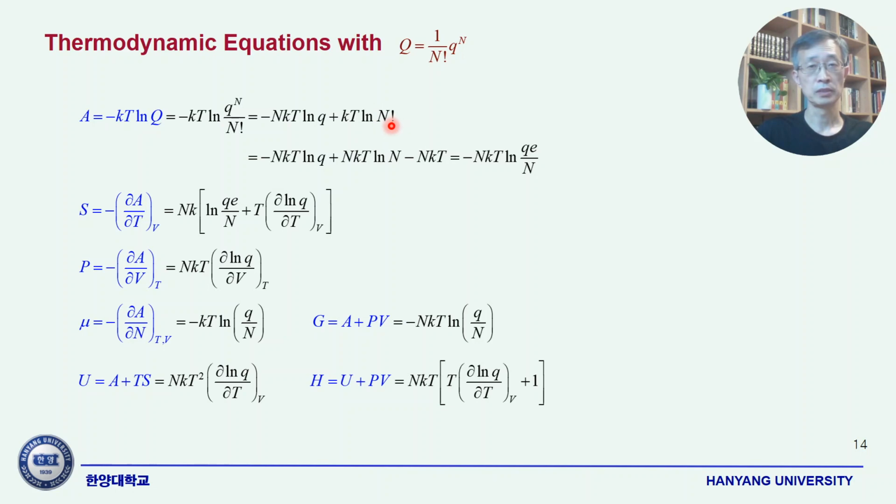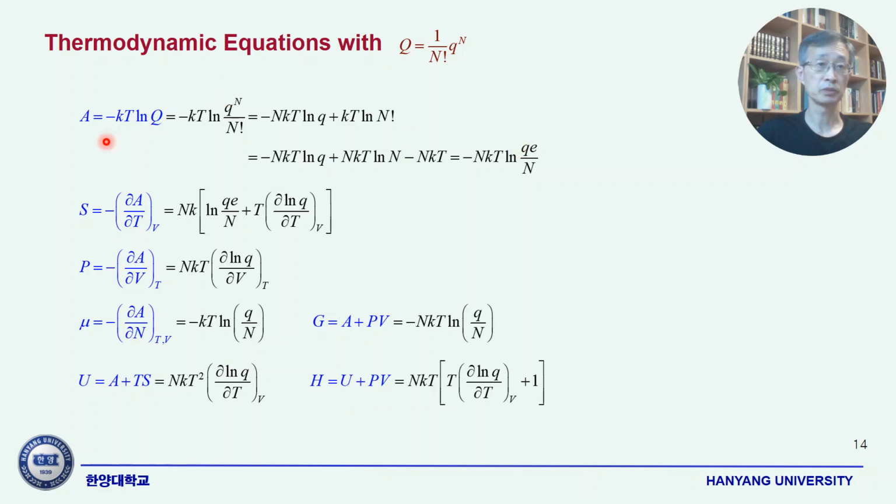Now we apply Stirling's formula for ln N factorial, which is N ln N minus N, so N kT ln N minus N kT. N kT is common, so minus N kT times ln q minus ln N plus 1, and 1 is ln e, so minus N kT ln of qe over N. So this is A in terms of the molecular partition function q.